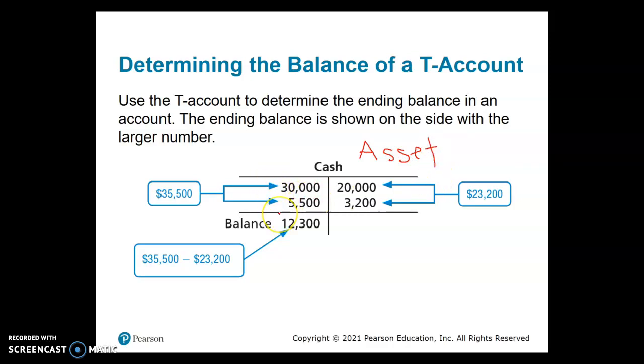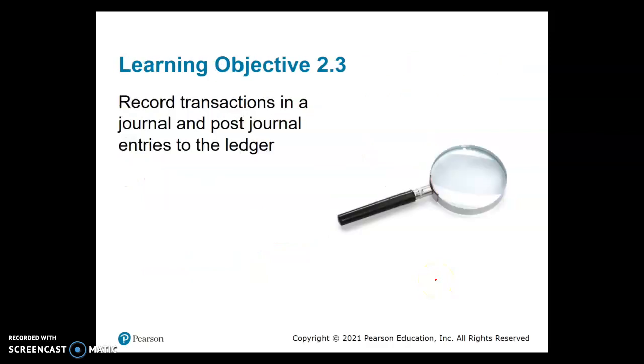So we have $35,500 on the debit side. And on the credit side, which represents decreases, we have $23,200. So my ending balance is $12,300. And notice it shows up on the normal balance side, the side where we have the most money, and that represents increases to the account.